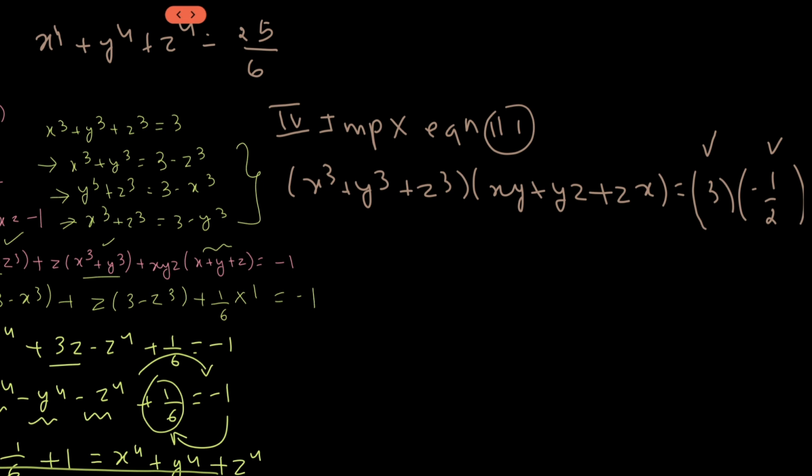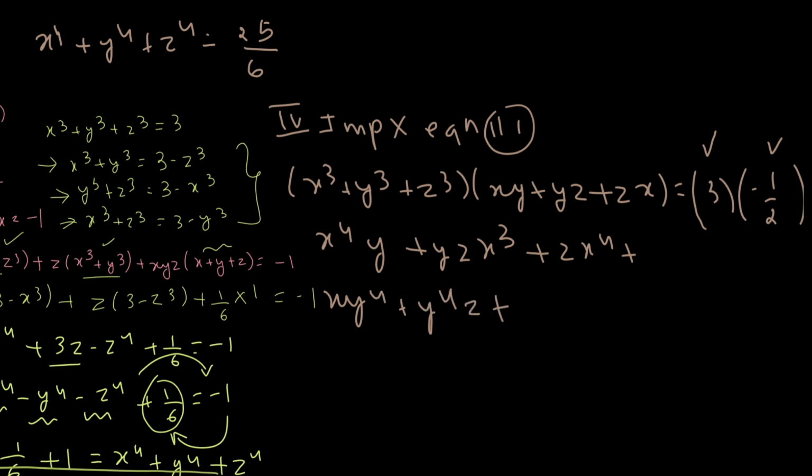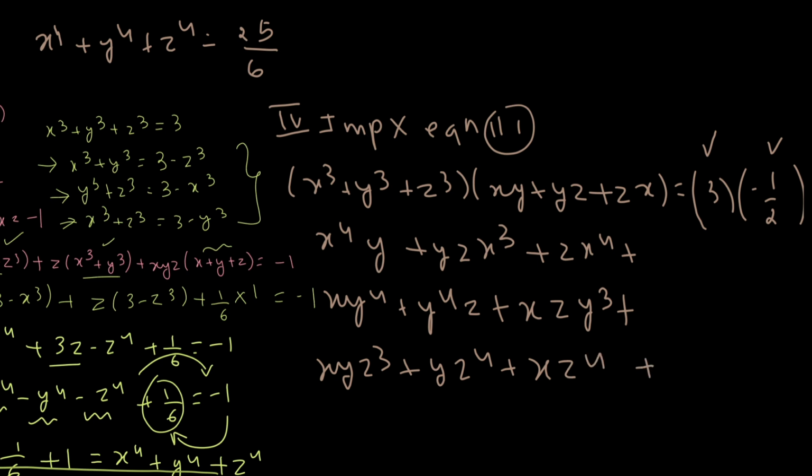So when we open the bracket on the left hand side, we will have x to the power 4 times y plus y z x to the power 3 plus z x to the power 4 plus x y to the power 4 plus y to the power 4 times z plus x z y cube plus x y z cube plus y z to the power 4 plus x z to the power 4, and this thing would be equal to -3 upon 2.